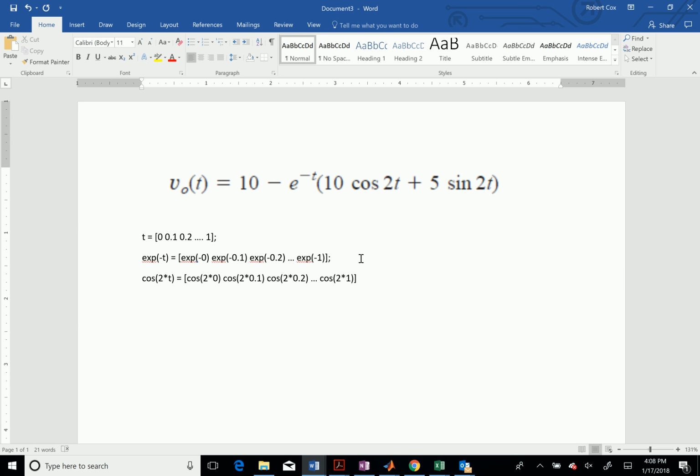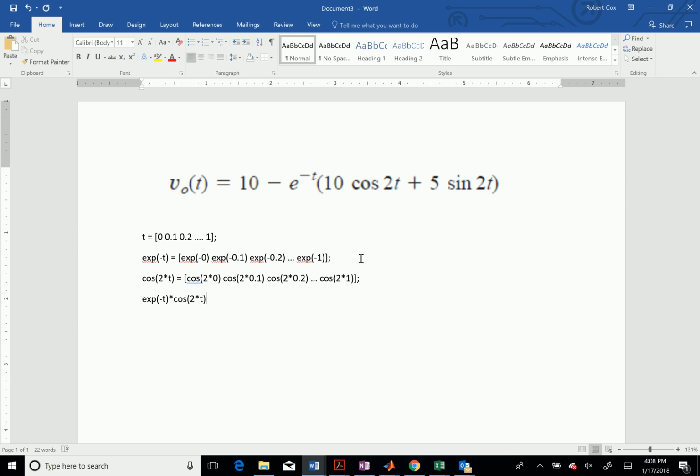If I tell MATLAB to multiply two numbers, let's say 2 times 3, it knows that that is 6. If I tell it to multiply exp negative t times cosine of 2 times t, MATLAB's going to be very confused about that operation, right?